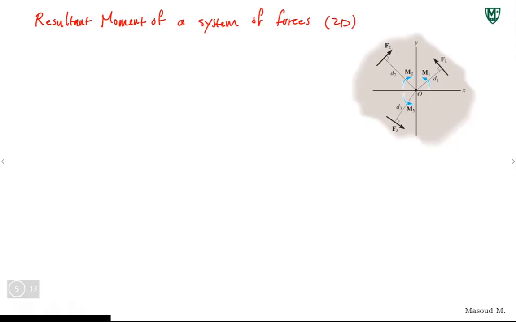Now what we do, well, let me pick the one. When all the forces lie in one plane, obviously, we are in two dimensions. The resultant moment is pretty much just finding the algebraic sum. Take one direction as positive. Typically, the convention is we take counterclockwise as positive and clockwise as negative.